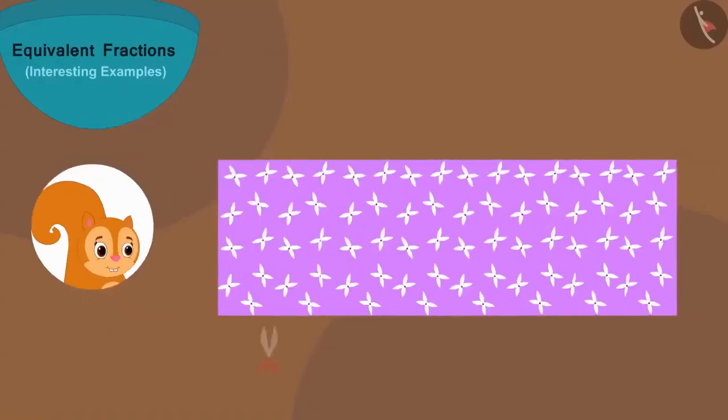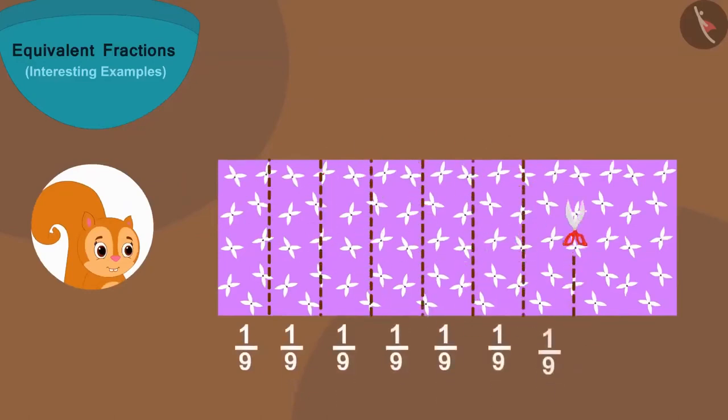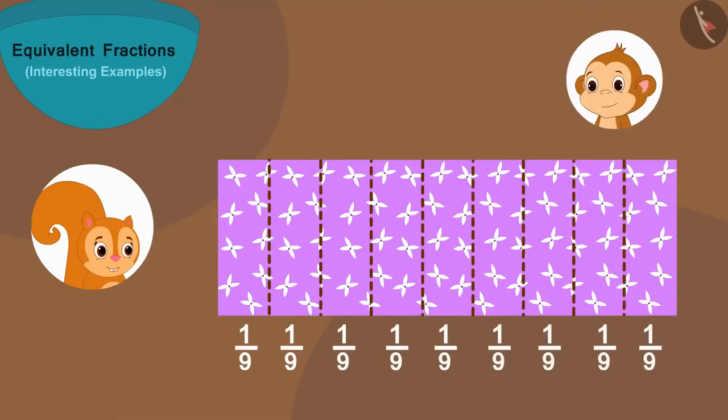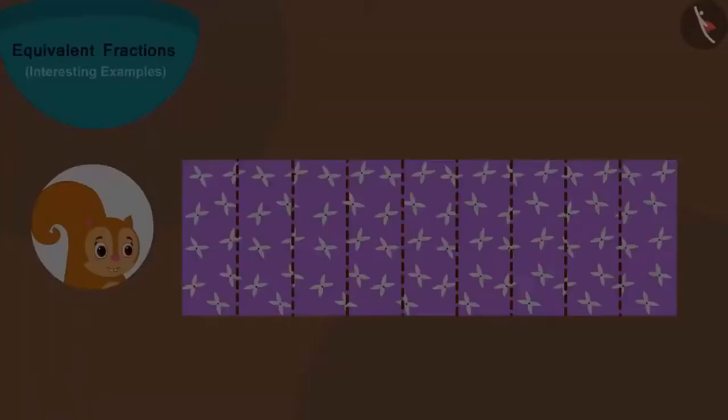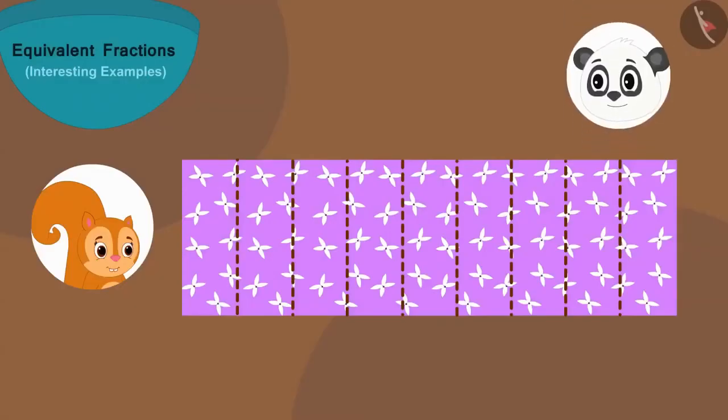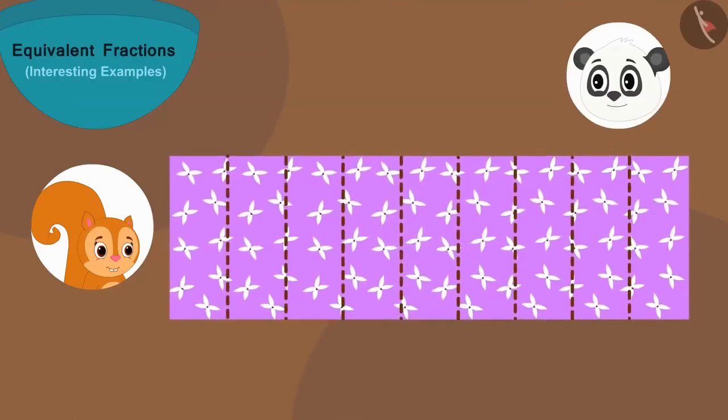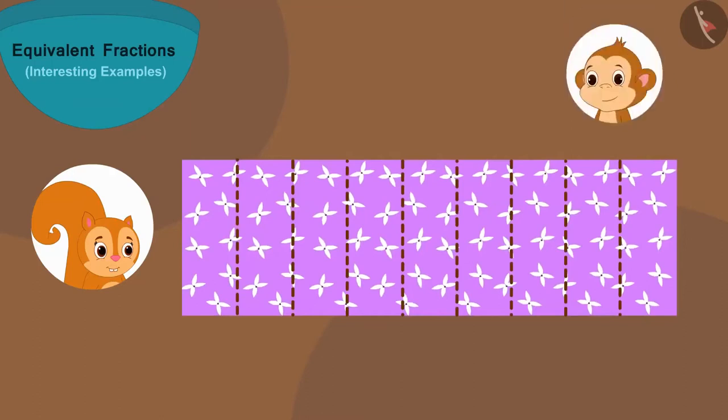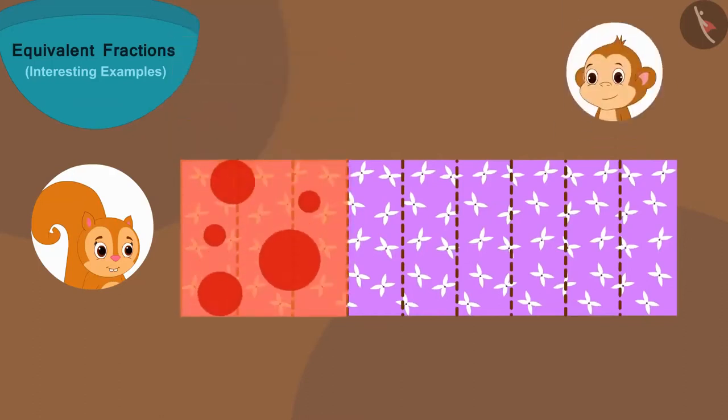But Chanda had cut her cloth into 9 equal parts. Now, how will Chanda be able to give Babban a cloth as long as the part of his cloth? Chanda, just like Golu, placed parts of her cloth like this and placed Babban's cloth's part just above it.